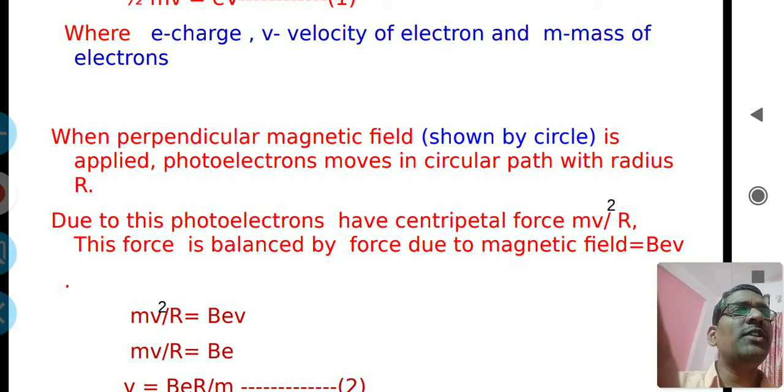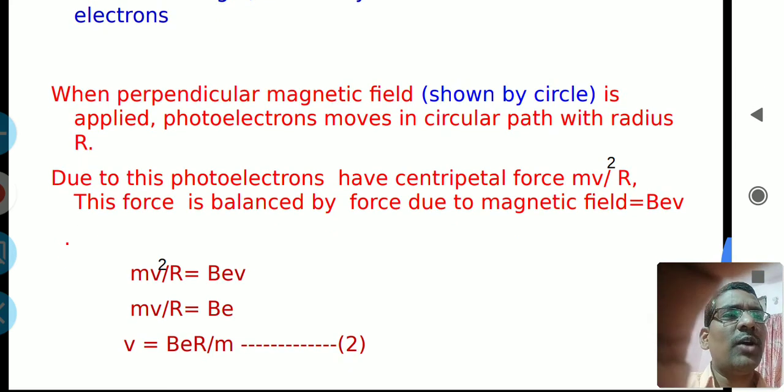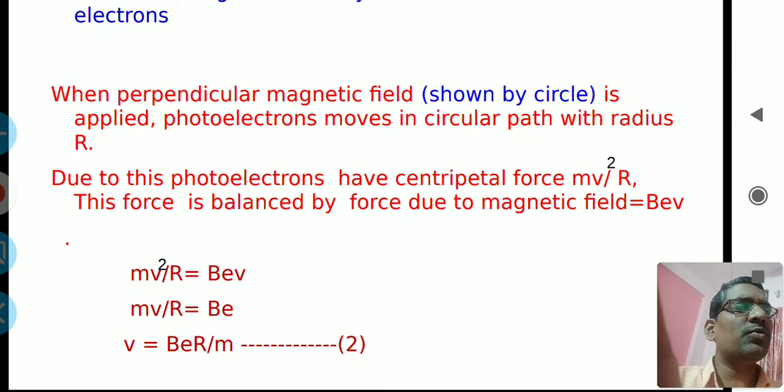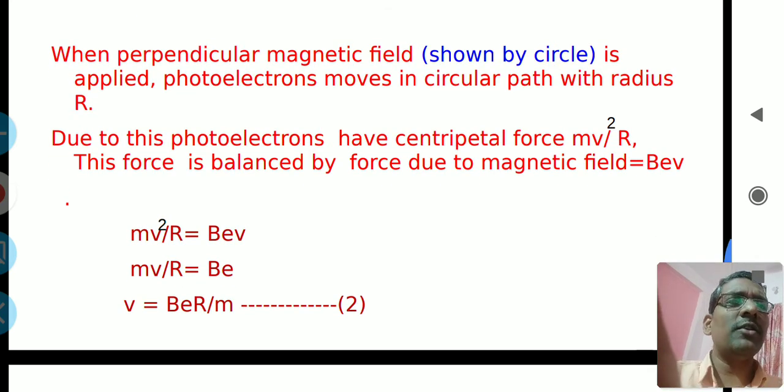Then the photoelectrons move in a circular path with the radius capital R. Due to this, the photoelectrons have centripetal force mv square by R. As they are moving in a circular path, they have centripetal force mv square by R. This force is balanced by the force due to the magnetic field, which is equal to capital B e v, where capital B is the magnetic field, e is the charge on the photoelectrons and v is the velocity acquired by the photoelectrons.